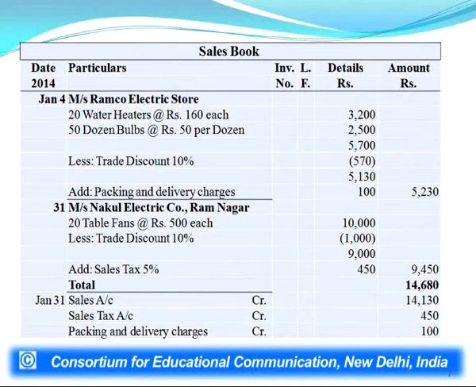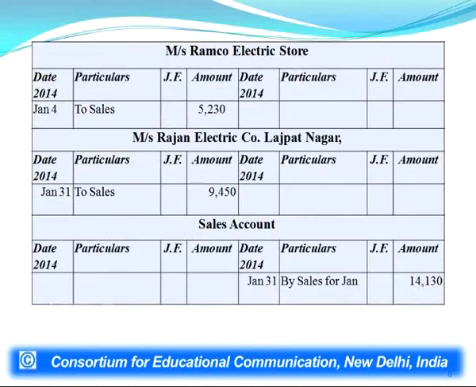Now, we will see how it should be posted into the ledger. Ramco Electric Store, they are the receiver of the goods. So, on the debit side, to sales account 5,230. Another party, Messrs Rajan Electric Company, and to sales 9,450. Total sales is 14,130.